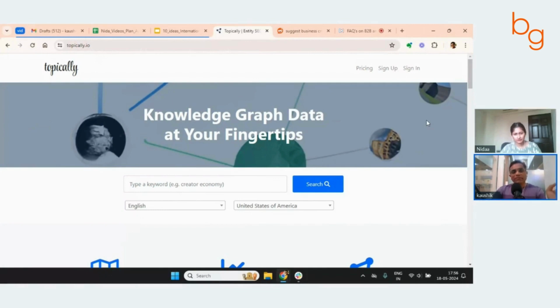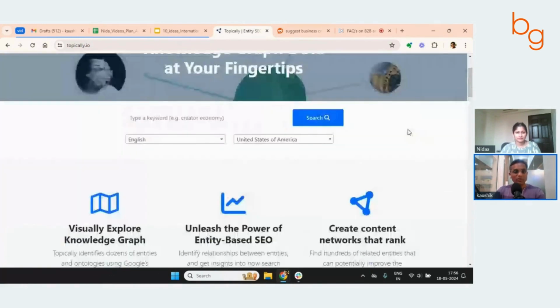Now, first of all, understanding your ICP is a tough task. It takes time. So I believe if you can find out very quickly what it is that your ICP is searching, it's valuable. So I'm going to do that.